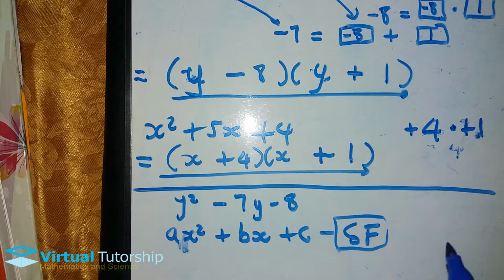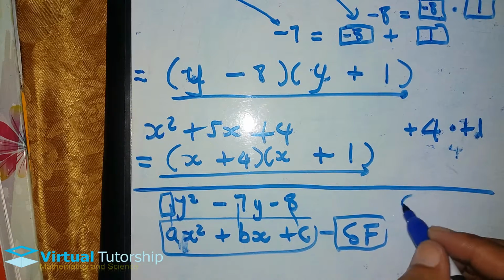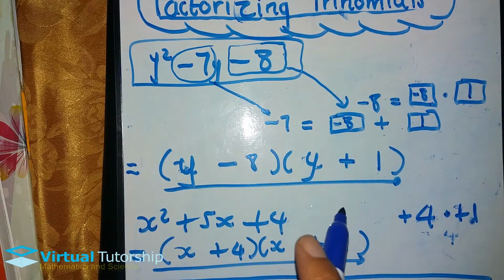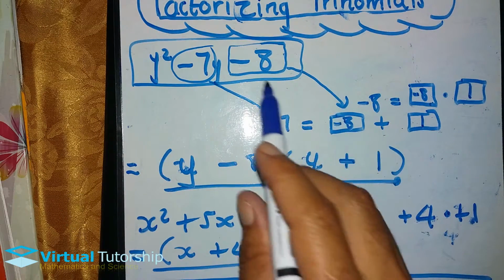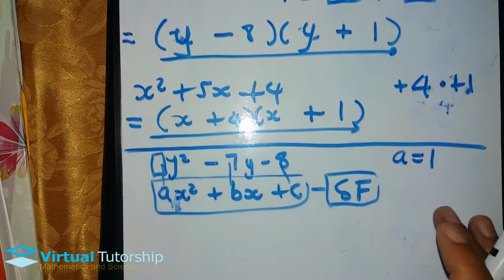So check now: my a is 1, b is minus 7, c is minus 8. If my a is equal to 1, you will use this method I showed, where you want two numbers that multiply to give the c value and add to give the b value.